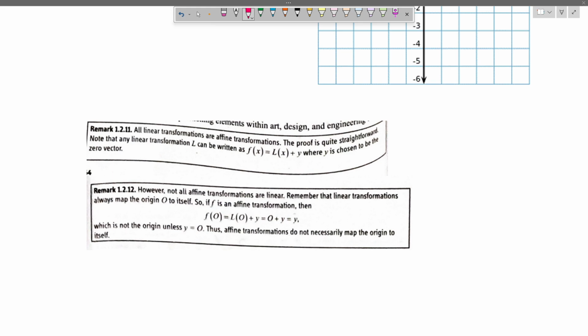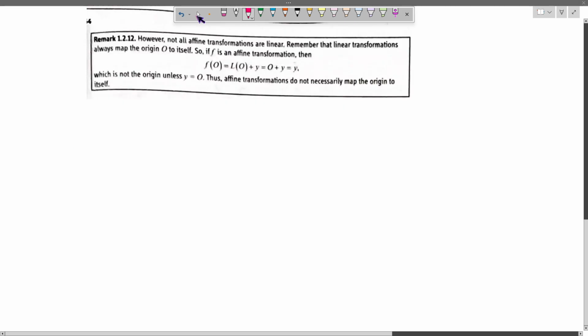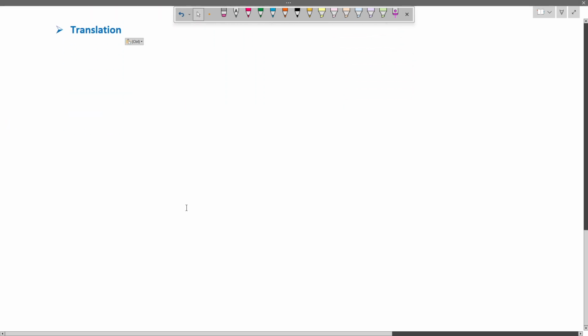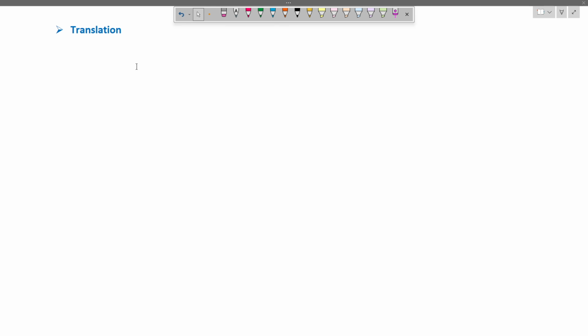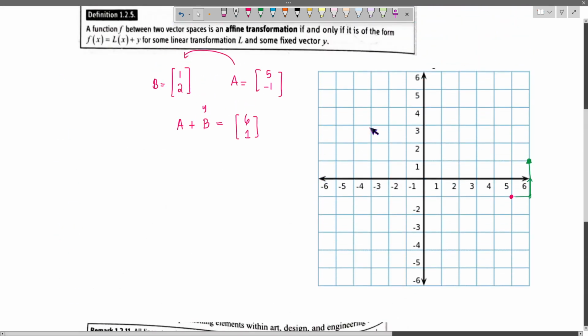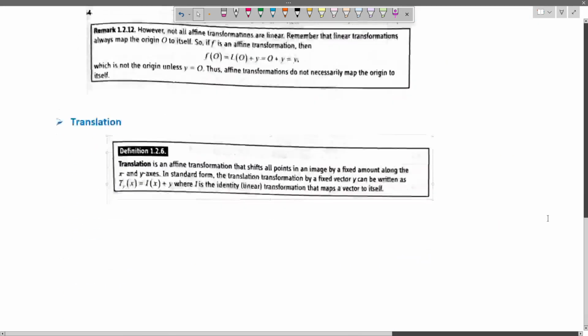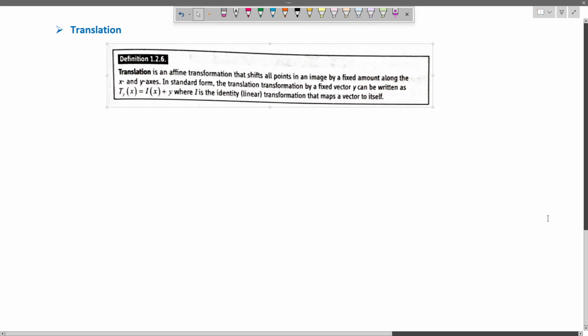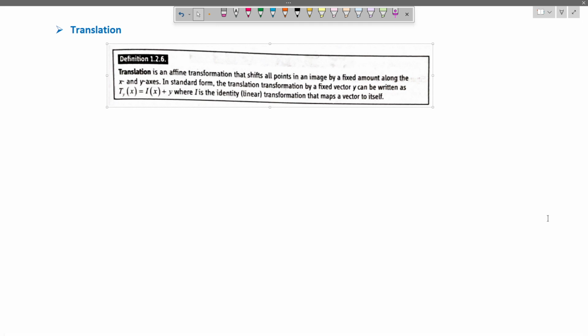Now, let's go through some examples. The first example, which you've most probably done already, is translation. When we had our discussion on the Cartesian plane, we already did this: the movement to the left, to the right. Translation is an affine transformation that shifts all points in an image by a fixed amount along the x and y axis.